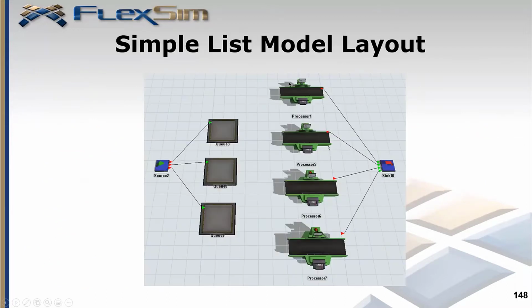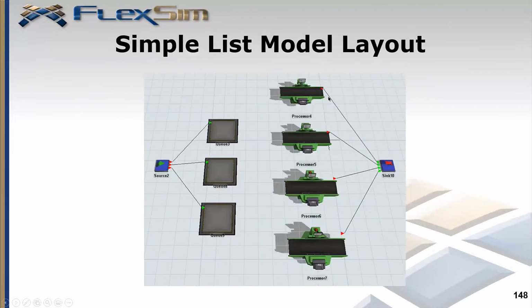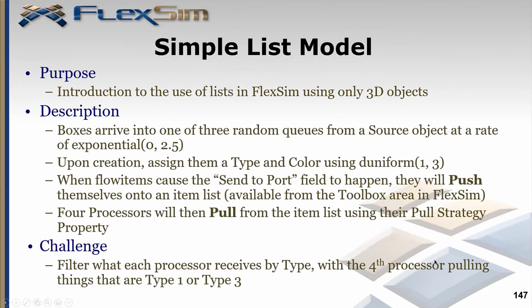And then we have 4 processors that are going to be set up as pullers from the item list. In the challenge section, we want to filter what the processors receive according to type. So the first processor will pull type 1, second processor type 2, third processor type 3. But the fourth processor, we want it to be able to pull things that are either type 1 or type 3.